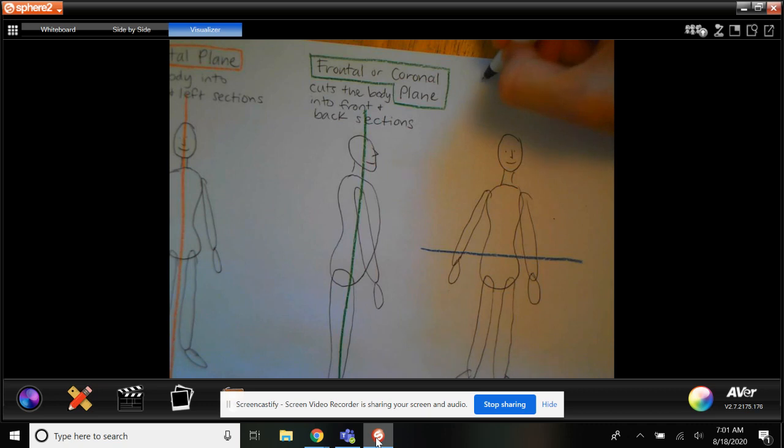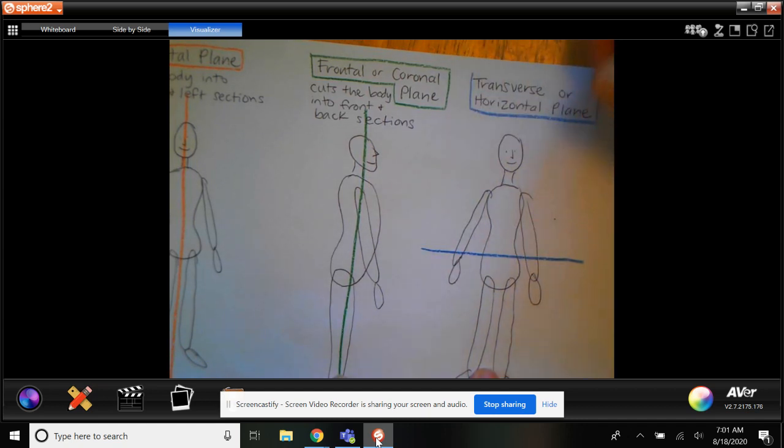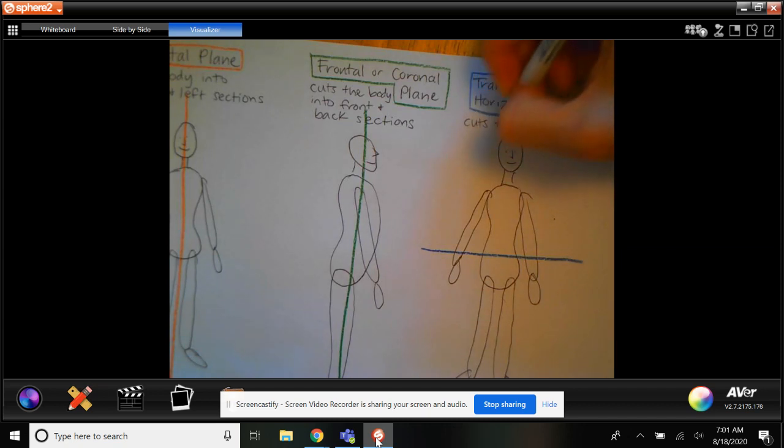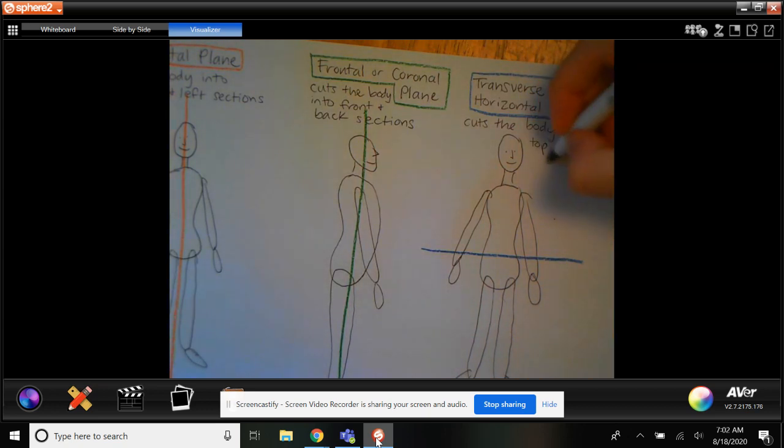The name I normally use for this is the transverse plane, but you can sometimes also see it called the horizontal plane. And this cuts the body into top and bottom sections.